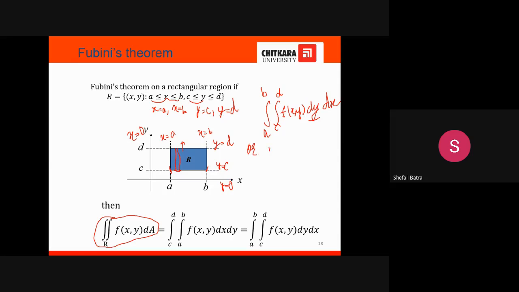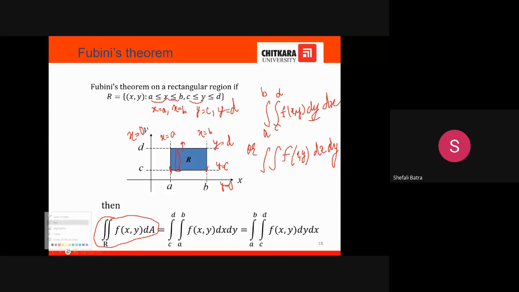Or the other way, what you can write is the double integration of f of x comma y. This time I'm writing dx dy. So what is the meaning of this dx dy? This time you are making a horizontal strip. You are making a strip parallel to the x-axis, and the x-axis is in the horizontal direction, right?